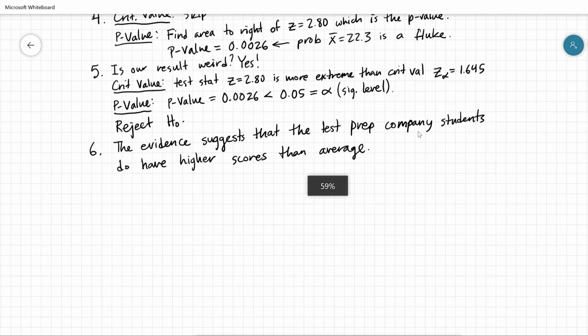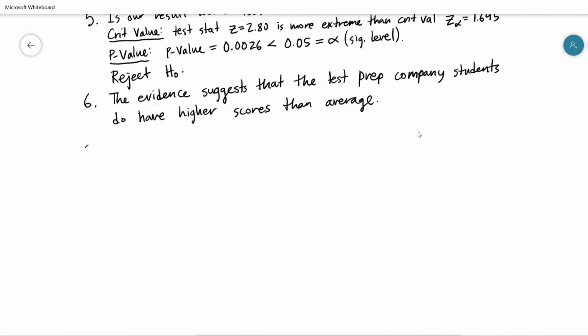Real quickly, let's also do this problem on the calculator. So on the calculator, we're going to get to the same list of tests that we use for our confidence intervals.